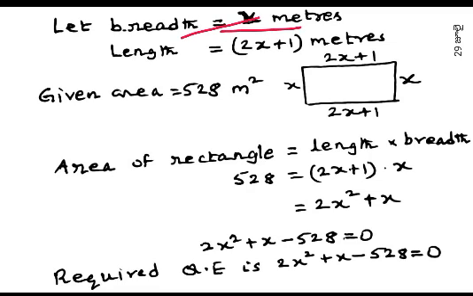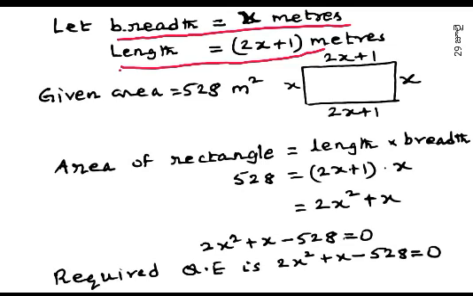If x is taken as breadth, then length can be written as 2x plus 1 by the given data. Area equal to 528 square meters. It is given.